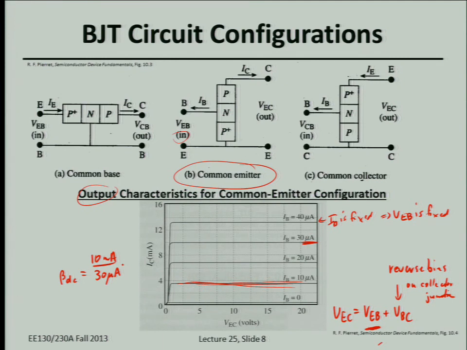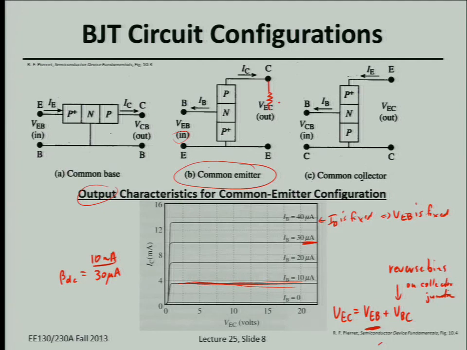So by applying this very small current signal, if you want to change the current by tens of microamps, the amount of voltage change you need at the input, VEB, is very small. So for a very small voltage signal at the input, you can get a large change in current. And usually what happens is we connect this to a resistor.